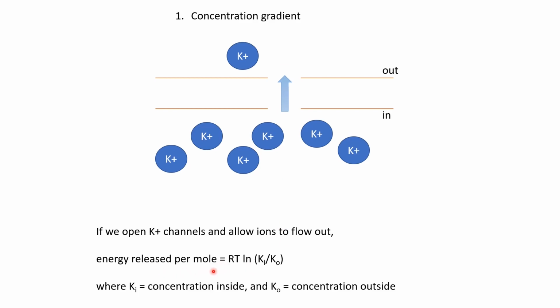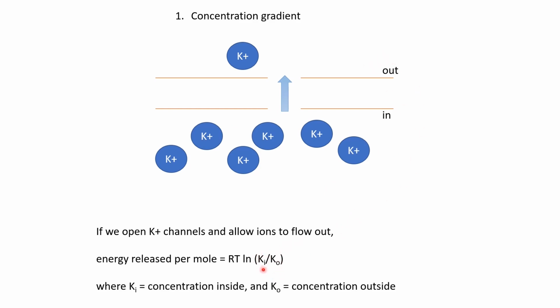So the energy released per mole of potassium ions moving out is equal to RT ln Ki over Ko, where R is the gas constant, T is the absolute temperature in kelvins, ln is the natural logarithm, Ki is the concentration of potassium ions inside, and Ko is the concentration of potassium ions outside.